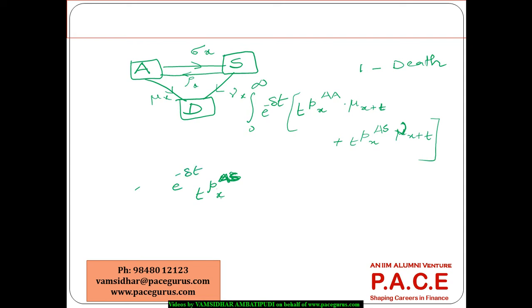So this is the present value, and I am integrating it over 0 to infinity. This will give me the expected present value of the same. And all these things can be simplified using the Kolmogorov differential equations mechanism. So there could be closed form solutions when we go with the Kolmogorov differential equations mechanism.